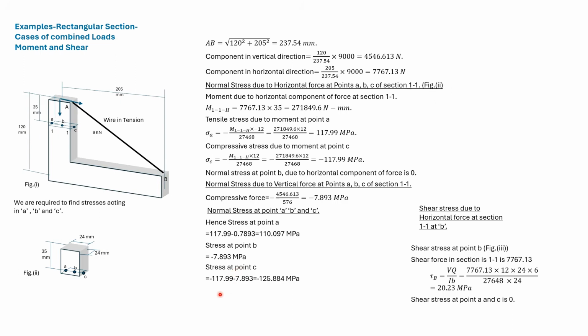And at C, we add to get the overall compressive stress. There's no shear stress at A and C, so we find the shear stress acting at B. We use the force in the horizontal direction to find the shear stress acting at B.